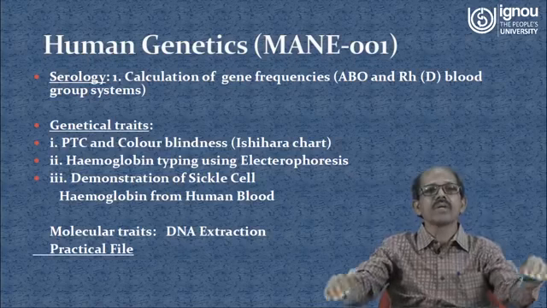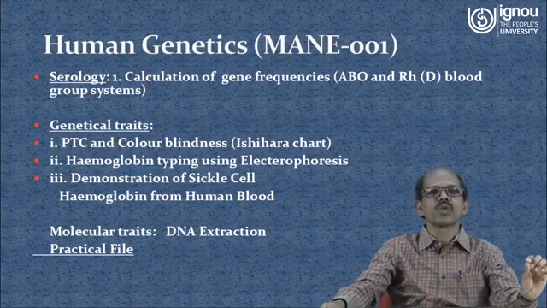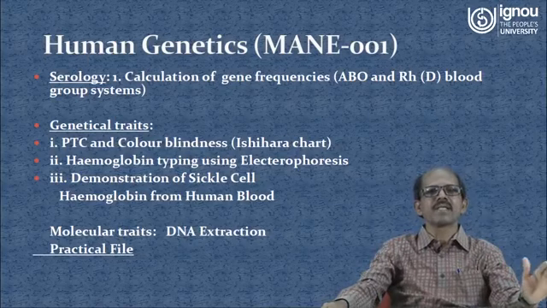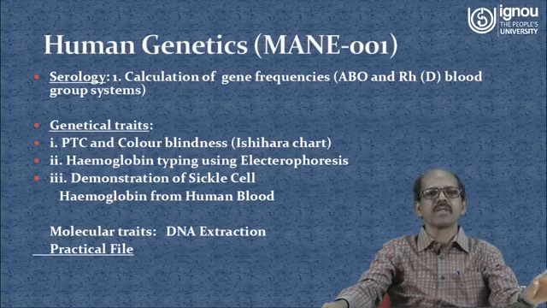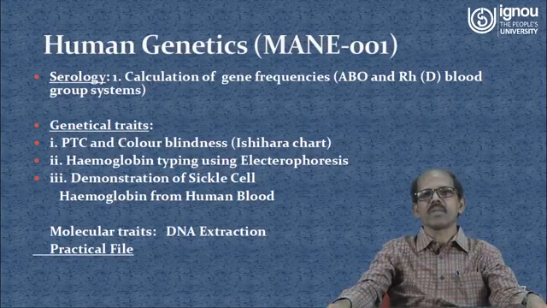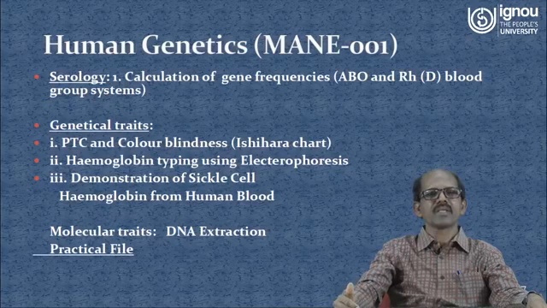And we have included PTC and color blindness. These are the genetic markers which have been used by anthropologists to understand human evolution. These are hereditary genetic characters. PTC is the phenylthiocarbamide test.